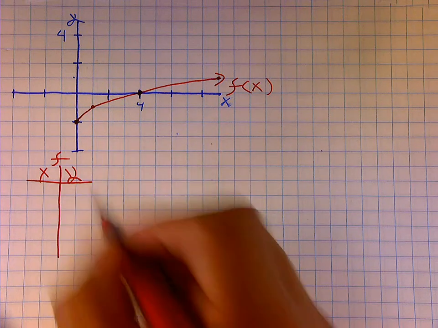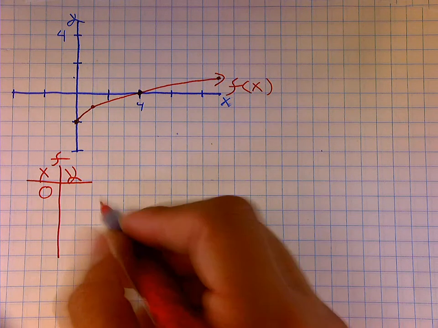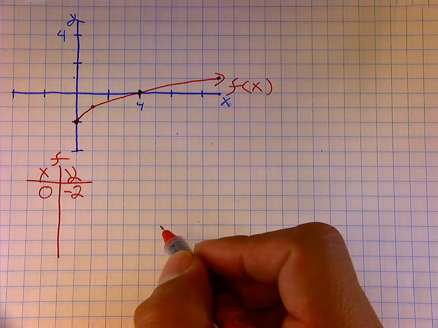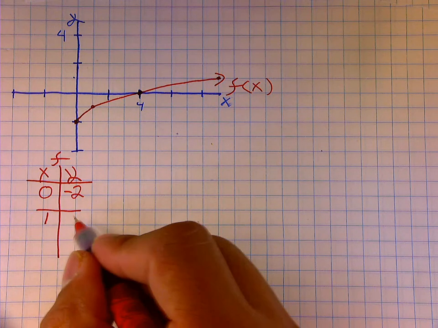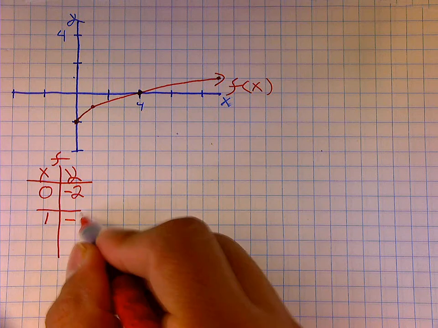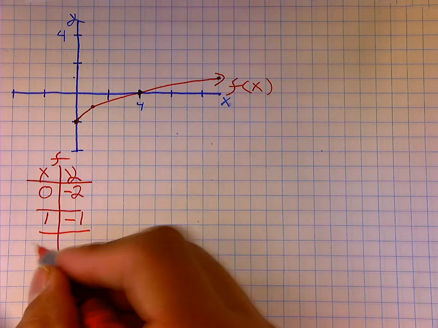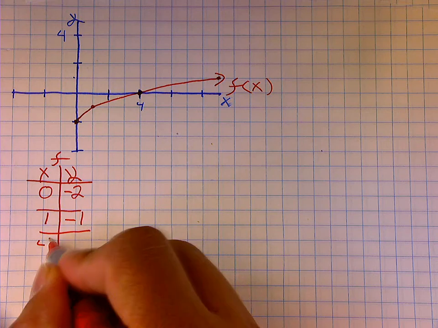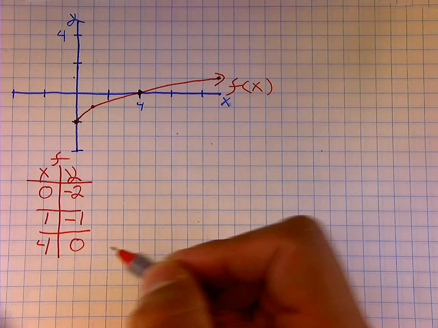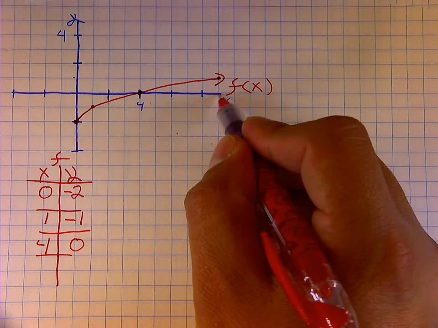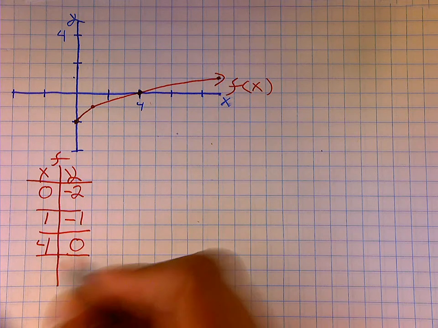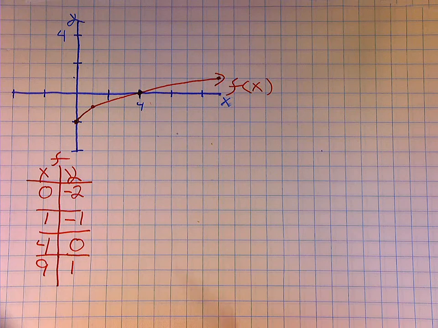This is f of x. 0 for x has a y value of -2. 1 for x has a y value of -1. 4 for x has a y value of 0. And maybe one more. 9 has a y value of 1. This is my function f of x, some points from the function f of x.